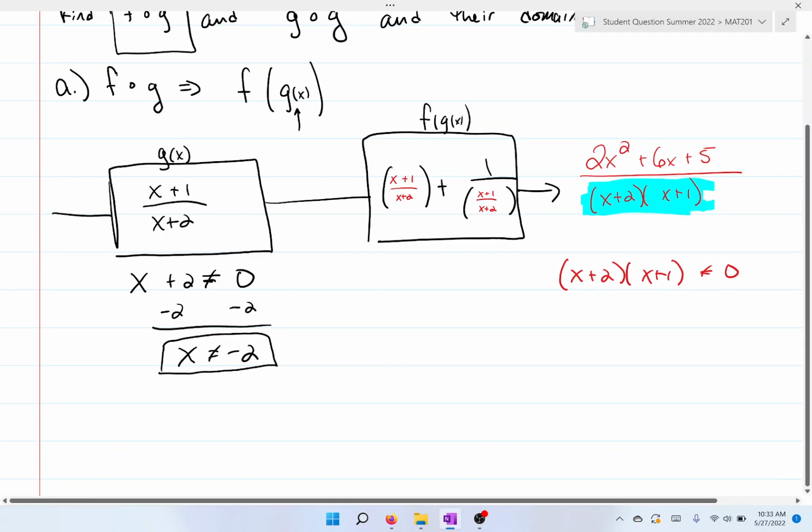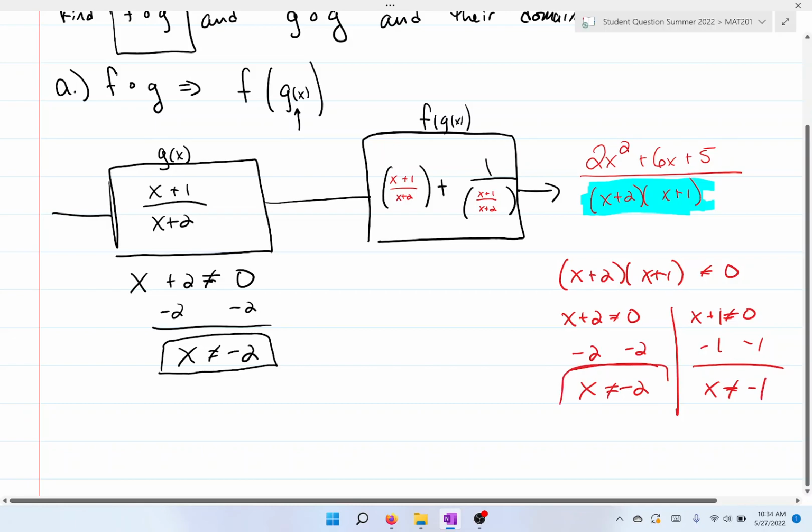So as long as I set each one of these factors that contains a variable equal to 0, using my zero product property. In fact, you can set them not equal to 0 if you want. That way it's already set up for you. And then you would just subtract 2 from both sides, and subtract 1 from both sides. Here you can see that x cannot equal negative 2 and x cannot equal negative 1.